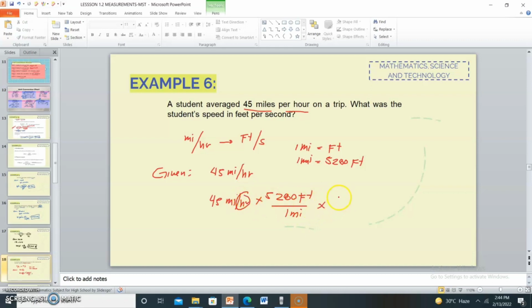Times, in 1 hour is 3,600 seconds. So, cancel out.